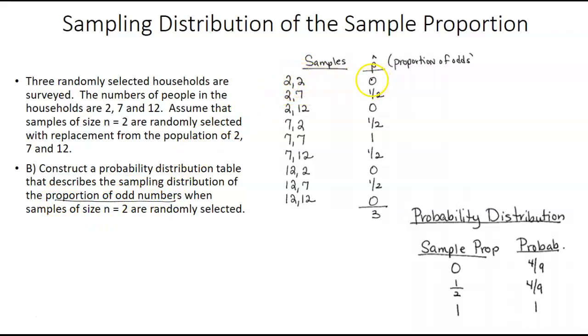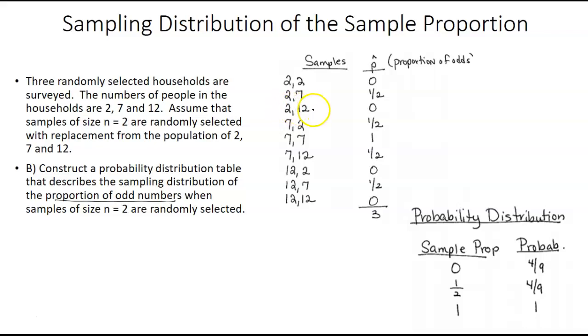So I'm going to have 0 out of 9, sorry, let me back up. That would be 0 out of 2, not 0 out of 9. So here, looking at this, I have 2 values in my sample. I have one odd and one even. So the proportion of odd is going to be 1 out of 2.